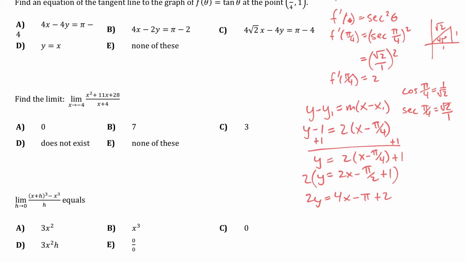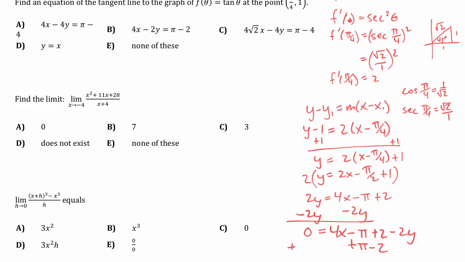Well, to make everything look exactly like it, we could subtract 2y. So we have 0 equals 4x minus pi plus 2, minus 2y. And then we would add pi, and we would subtract 2.